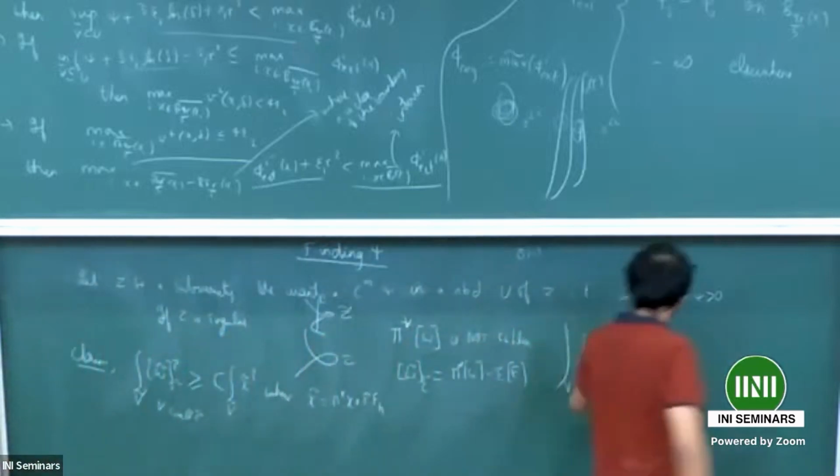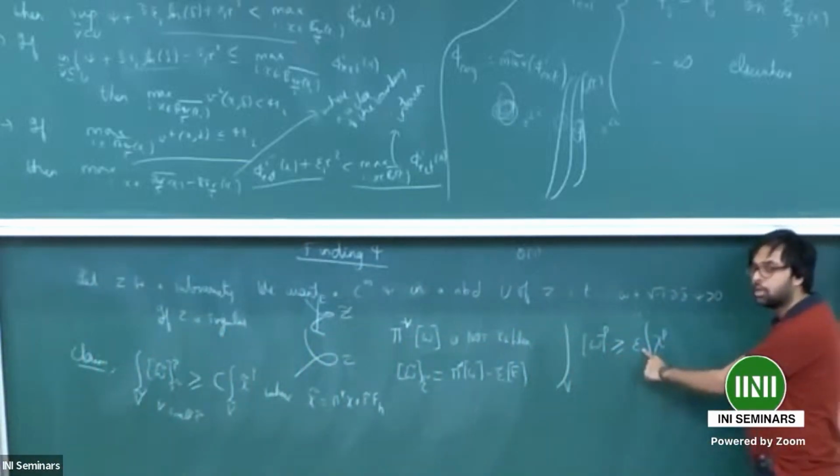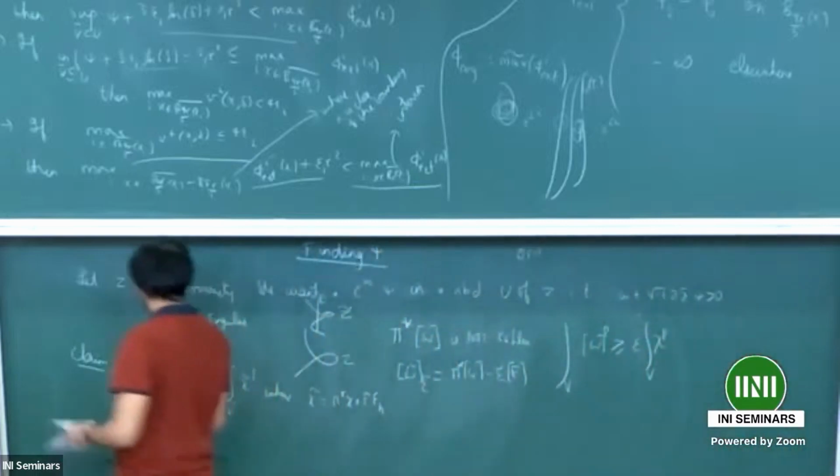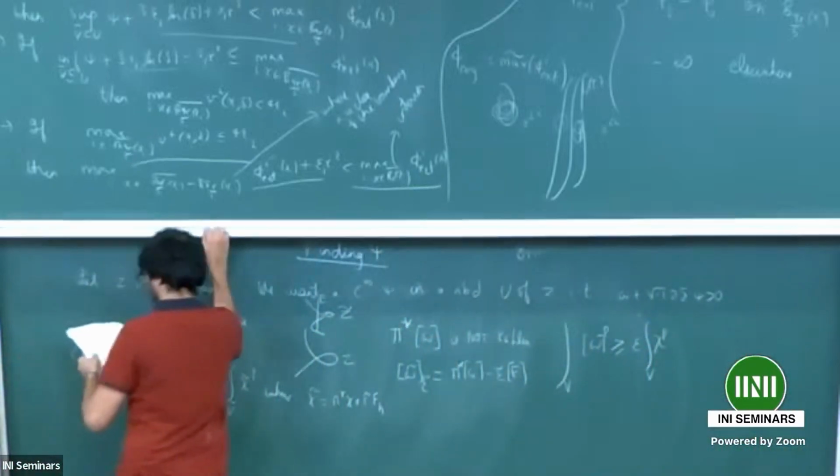This is where we need this uniform positivity condition. Because what happens here, how do you calculate this intersection number?